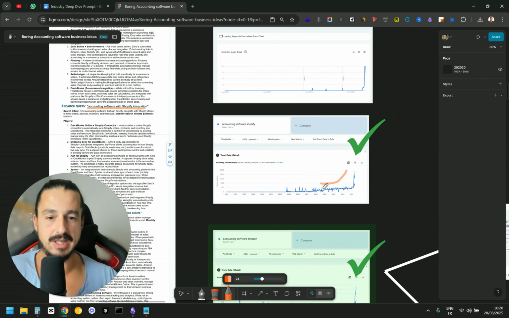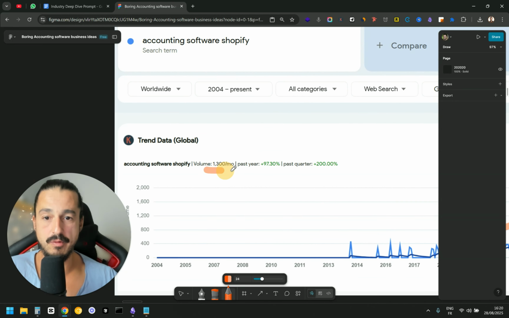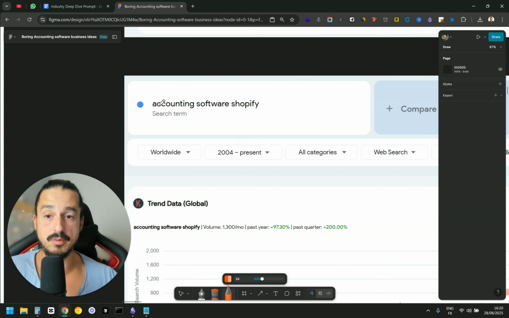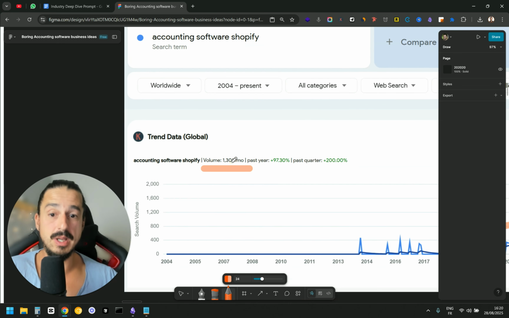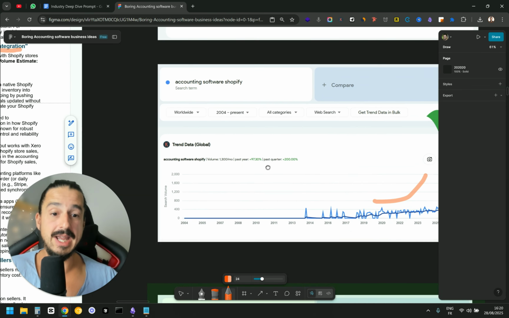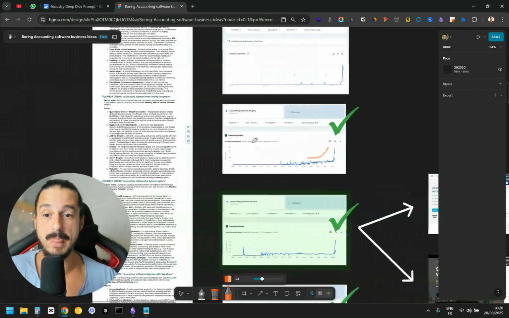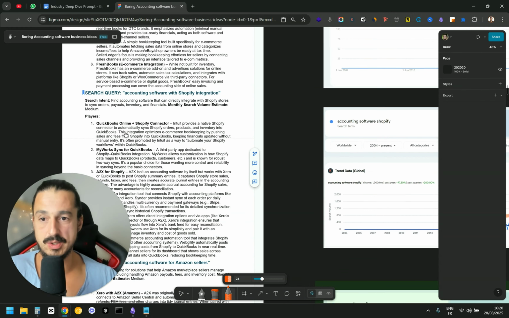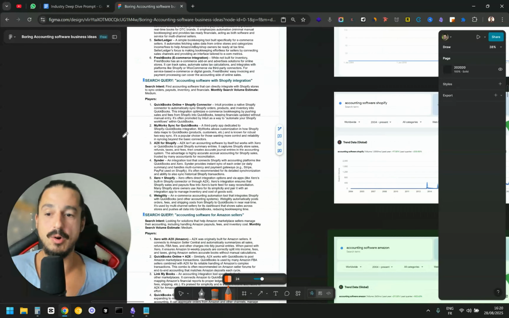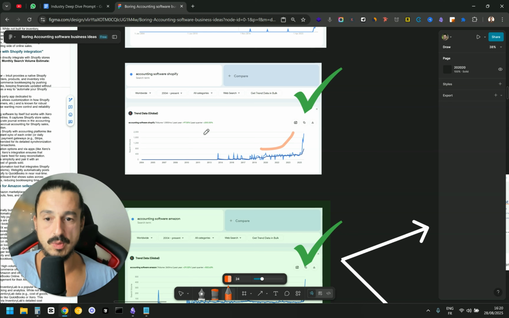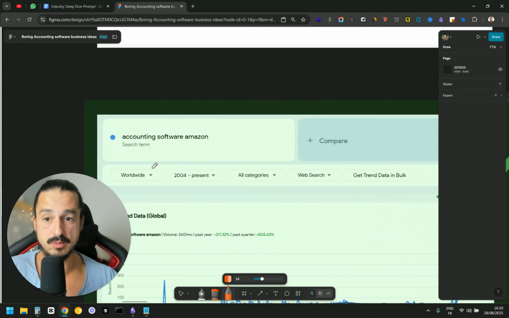And if you see that there is a volume, first of all, if the subcategory is relevant, then the volume is big enough and it is a growing market and, if possible, stable, then you can start looking into the different players. And I didn't do it for this one, but I did it a little bit for this one. Second one, the accounting software for Amazon.